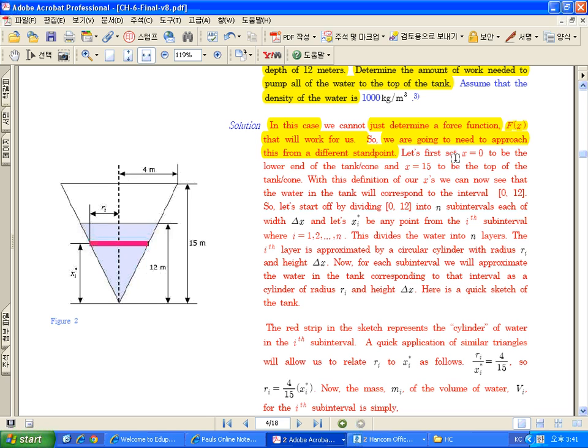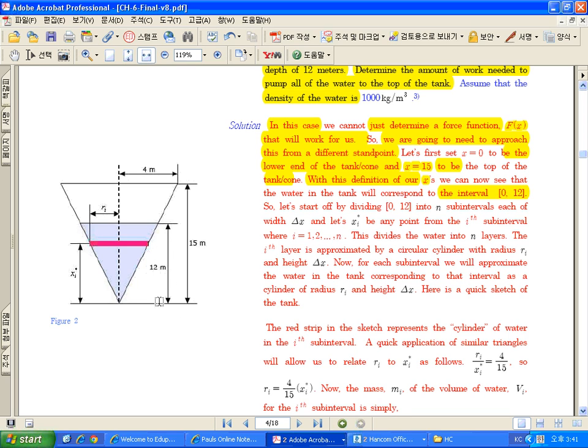Let's first set x equal to 0 to be the lower end of the cone tank, and x equal to 15 to be the top of the cone tank. So x is from 0 to 15. With this definition of our axis, the water in the tank corresponds to the interval from 0 to 12.